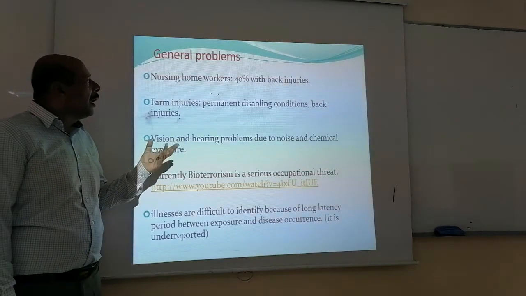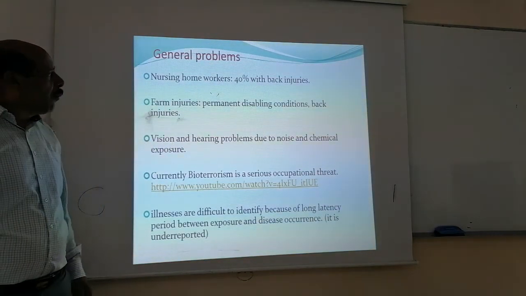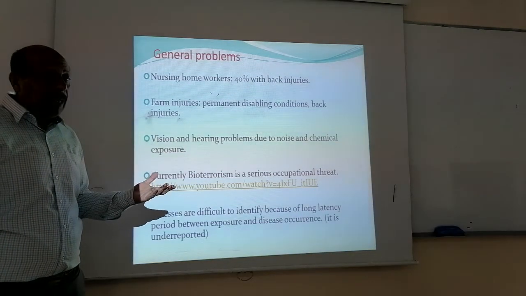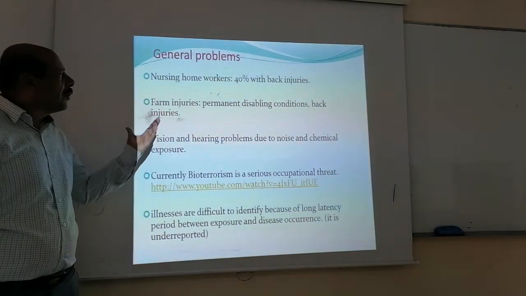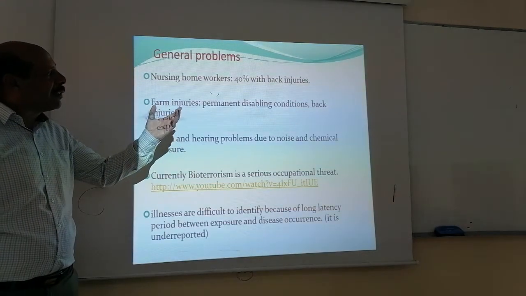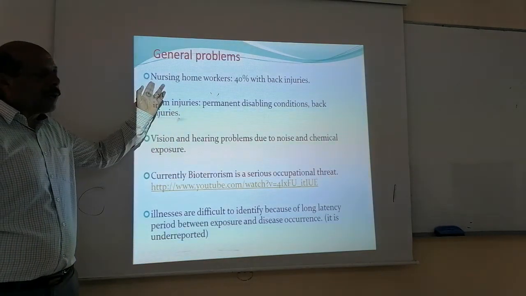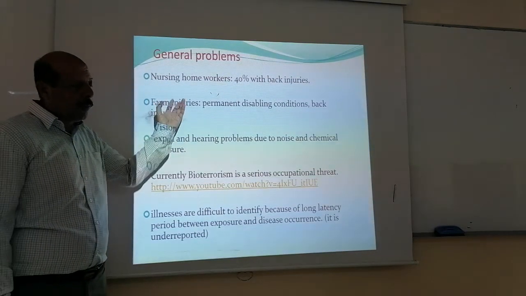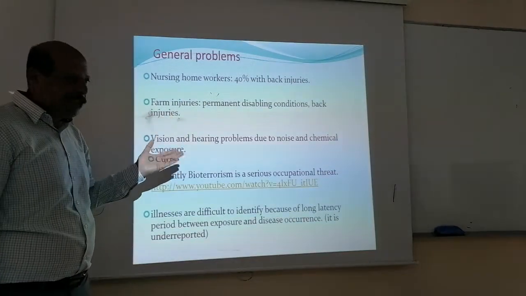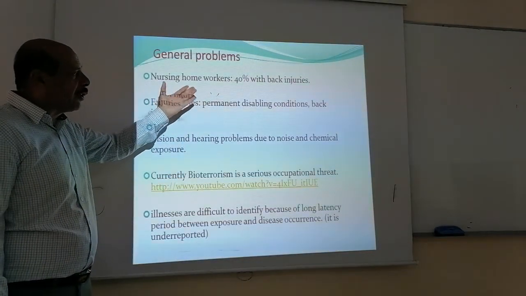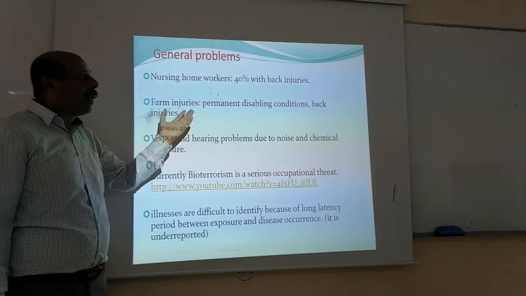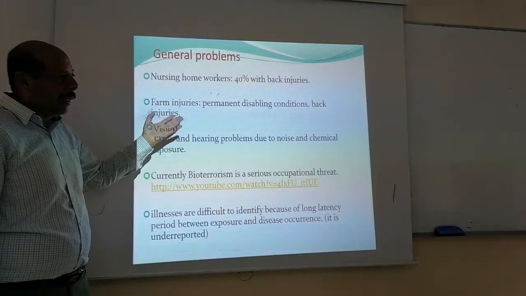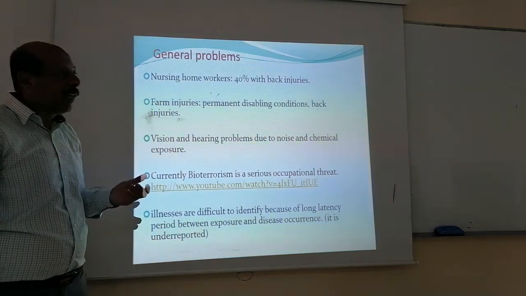As for general problems in occupational health, among nursing home workers, 40% have back injury or back pain. This is an occupational injury that happens to nurses. Forty percent of those working with geriatric patients, due to lifting and moving those clients, have back pain and back injury.